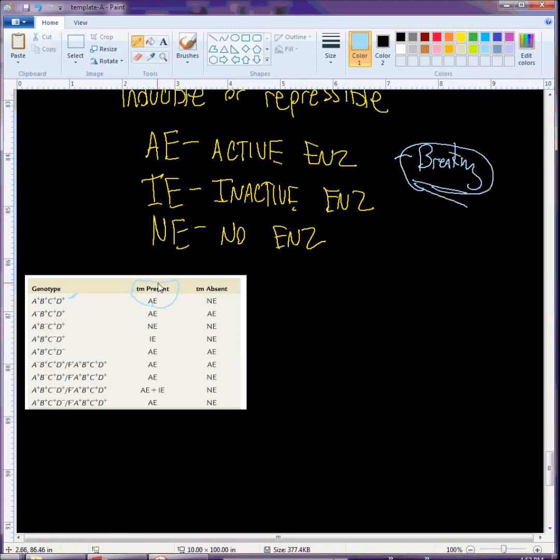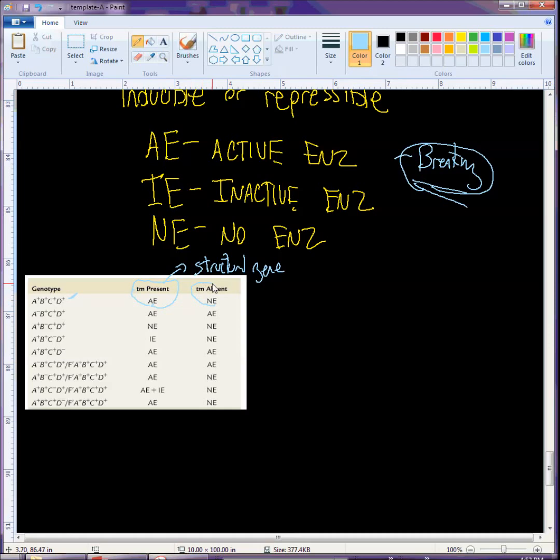Okay, so when this theoretical molecule is present, the enzymes are active. We're going to guess this means the structural enzyme, the structural gene. This would be the equivalent of beta-galactosidase in the lac operon. It's active in the normal case when the TM is present.